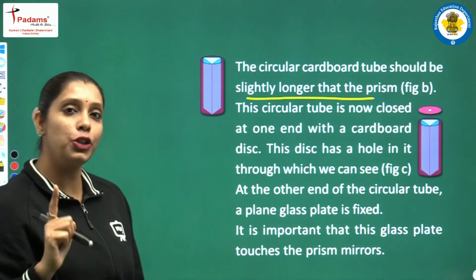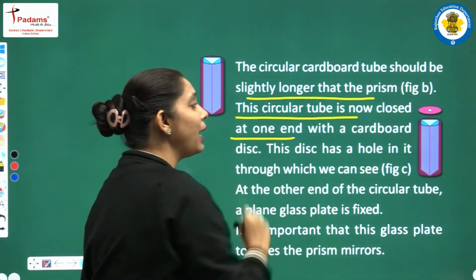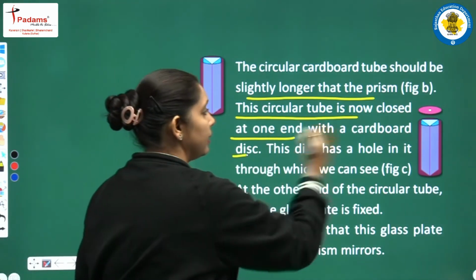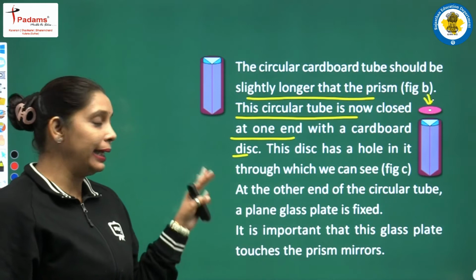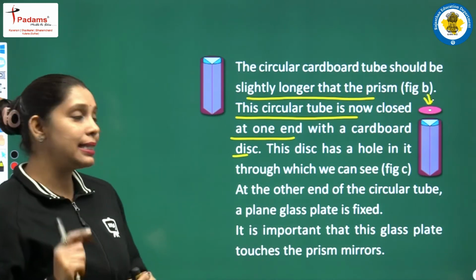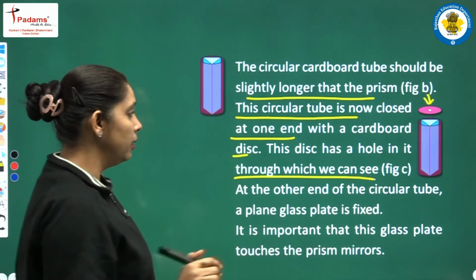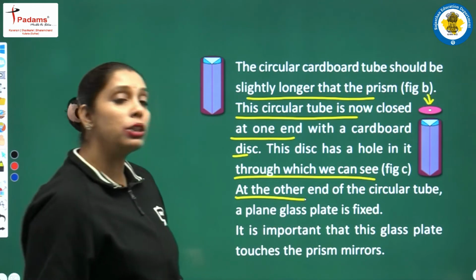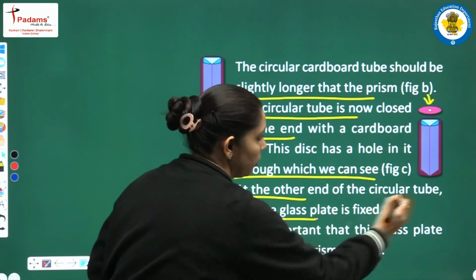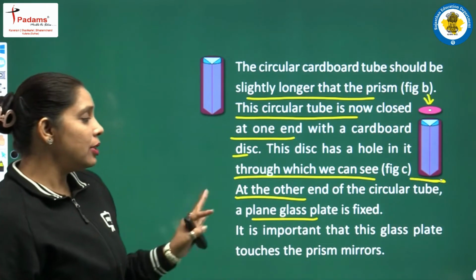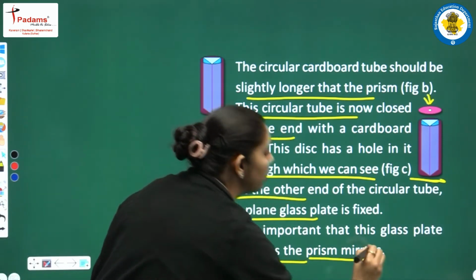The circular cardboard tube should be slightly longer than the prism. ये ध्यान रखना, it should be longer than the prism. This circular tube is now closed at one end with a cardboard disc. Have a look here, like this. This disc has a hole in it through which we can see. हम जिसके through देख सकें. Clear? At the other end of the circular tube, a plain glass plate is fixed. It is important that this glass plate touches the prism mirrors.